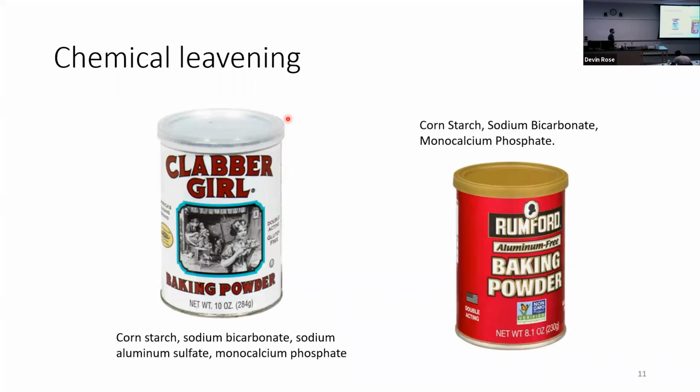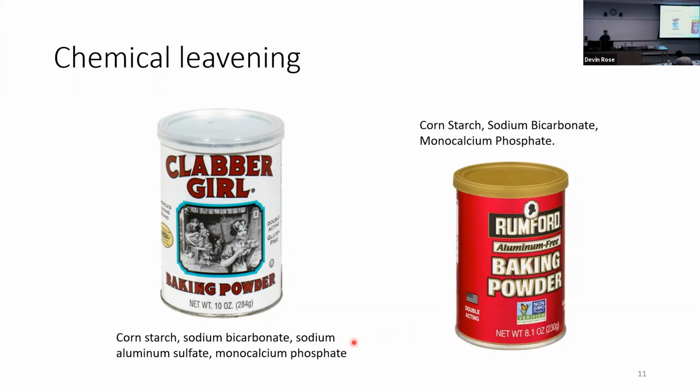So that's where we get that term double-acting when we look at baking powder. Both of these here, if you look on the side, it says double-acting. Here's double-acting baking powder. Double-acting means it's going to have both a fast-acting acid and a slow-acting acid together with sodium bicarbonate.